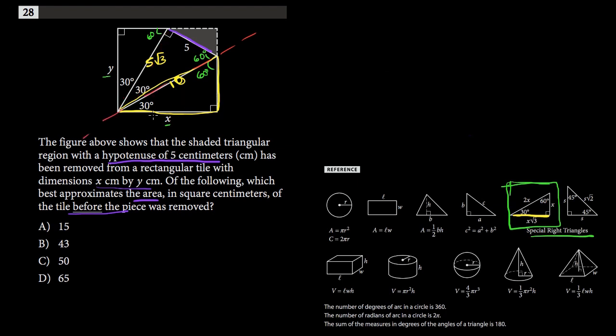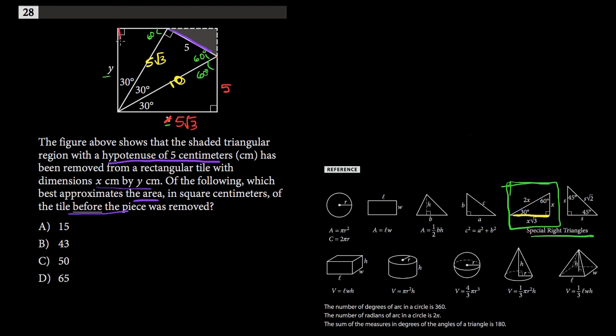This yellow triangle that I've highlighted is a reflection of this one in red, so we can just copy what's written here. This side is going to be 5, which we really don't need, but just for the sake of fully labeling, we'll write 5. And this is going to be 5 root 3. So x is 5 root 3.